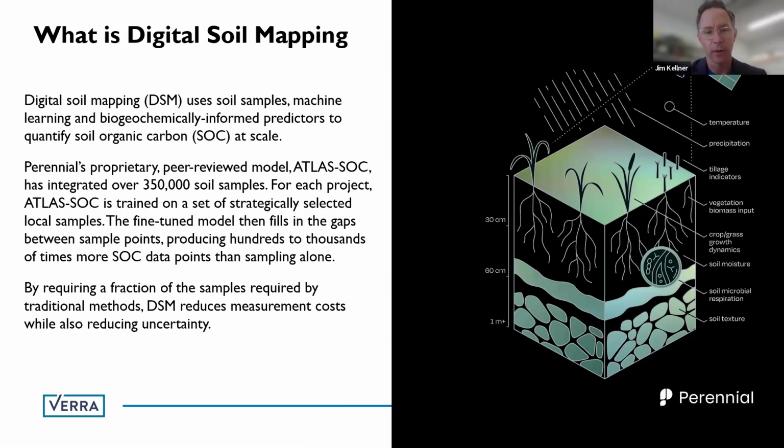Let's talk briefly about what digital soil mapping is. At a simple level, it is a statistical technique, and it works like regression, where you have inputs and outputs. The inputs are things that we think are related to soil organic carbon stocks. So, for example, the inputs could be measurements of climate, weather, topography, soil type, topographic slope, like which direction the landscape is facing and how steep it is, for example.